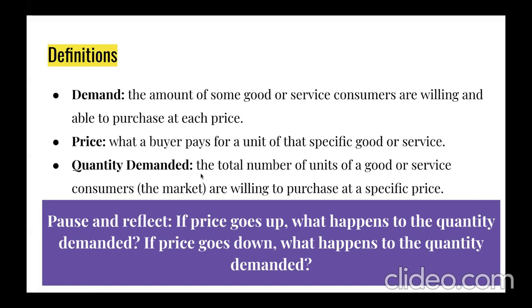And the quantity demanded is the total number of units of a good or service that consumers collectively, meaning the whole market, not each individual consumer, are willing to purchase at a specific price.